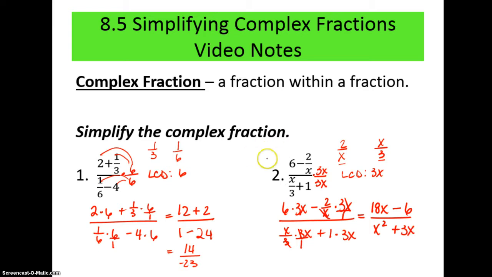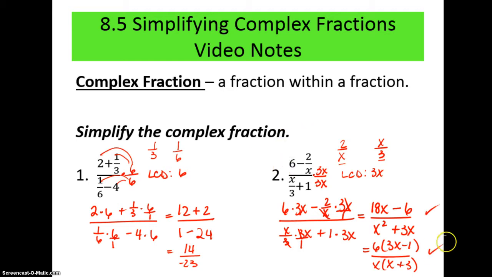Now here I would look to see, is there anything I could factor and simplify? I could factor this. I would have 6 times 3x minus 1 over x times x plus 3. But even after I factor it, there's nothing I can cancel, so I could leave it in either form. This first form right here would be okay, or that form right there, as long as everything is simplified.